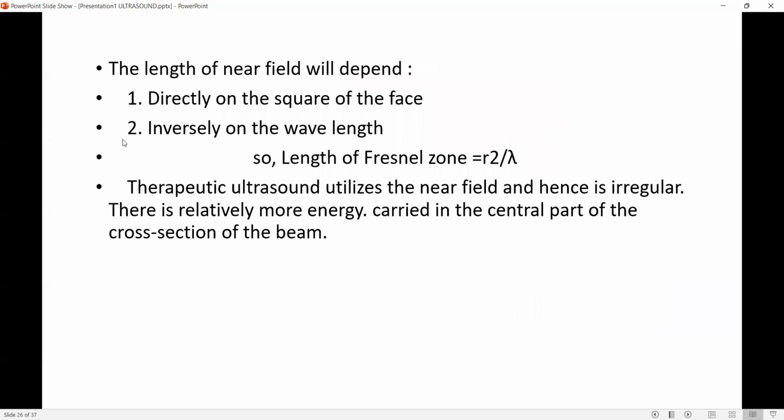The length of the near field depends directly on the square of the face radius and inversely on the wavelength. Length of the Fresnel zone is equal to r squared by lambda. Therapeutic ultrasound utilizes the near field and hence is irregular. There is relatively more energy carried in the central part of the cross section of the beam.